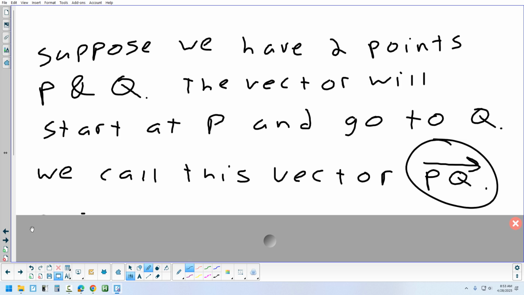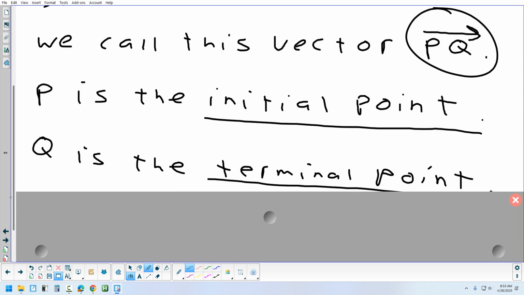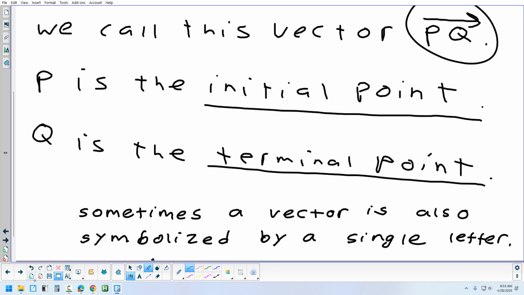So that is one notation you can use. Okay? That notation for the vector borrows the notation from geometry. That's the notation for a ray. A more common notation, I'm going to show you in a second, is just to use a single letter rather than PQ.